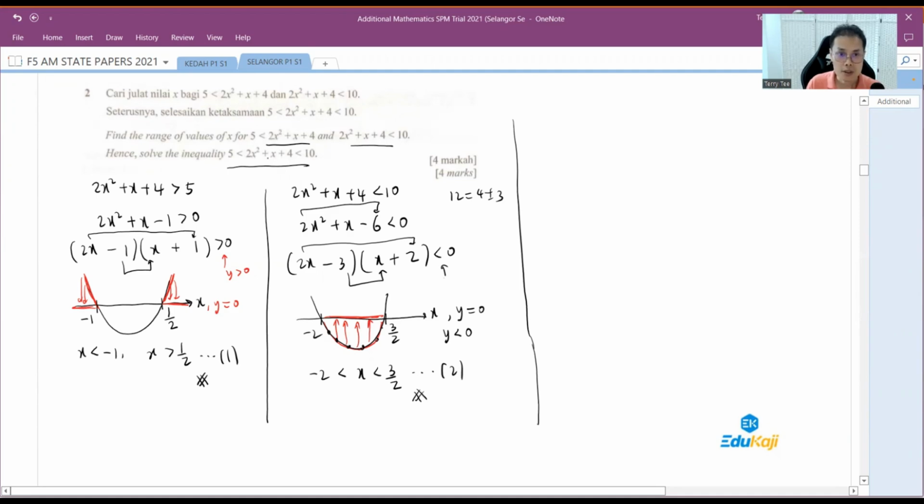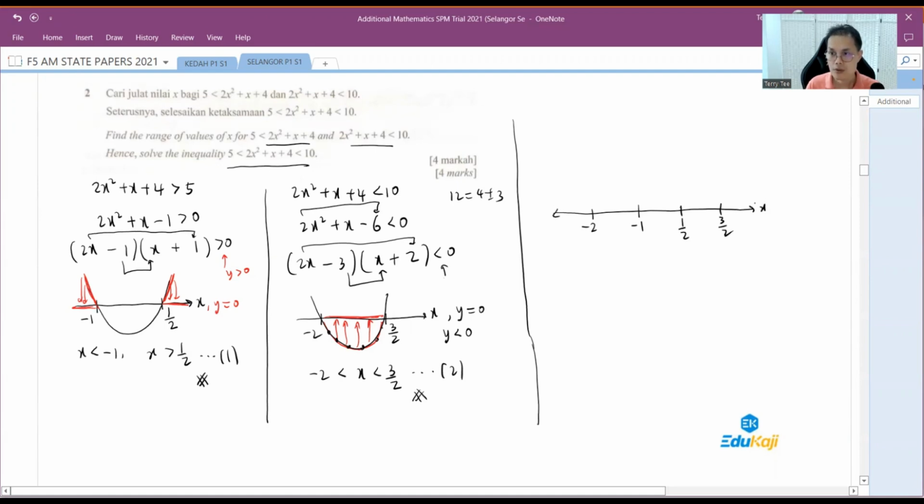To combine them, we normally use a number line. So when you use a number line, just map out all 4 values. The first one is minus 2, second one is minus 1, third one is 1/2, last one is 3/2.